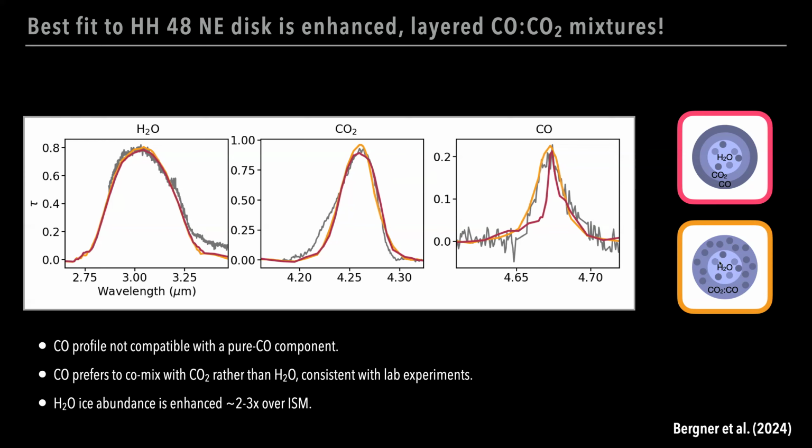But some of it was still trapped within this water ice matrix. And so that core still has those carbon-rich ices mixed in with it. But there's a layer on the surface where those ices froze back out once they got into the disk, and the disk was cold in the outer part of the disk. So maybe we have this sort of duo structure where the mixed ices are playing a really important role.